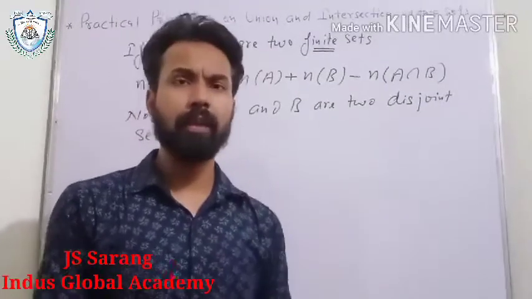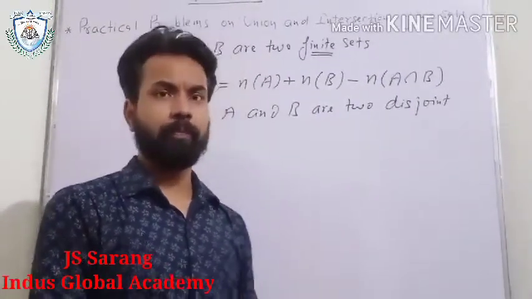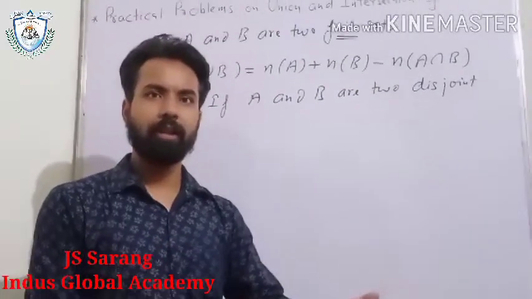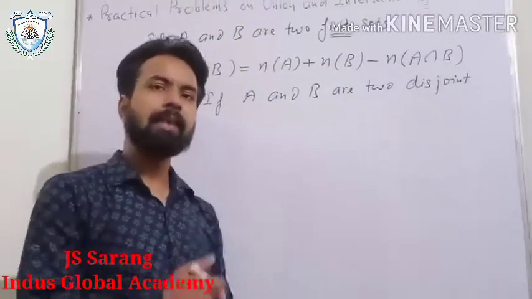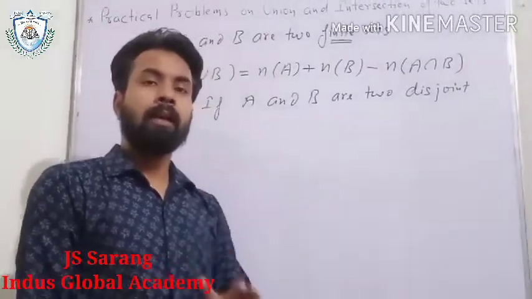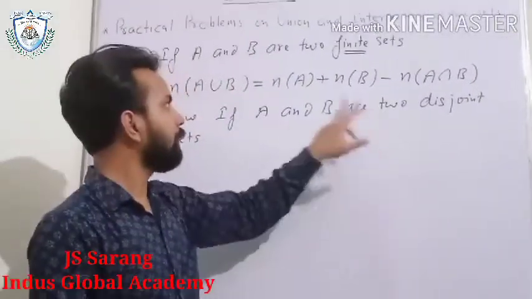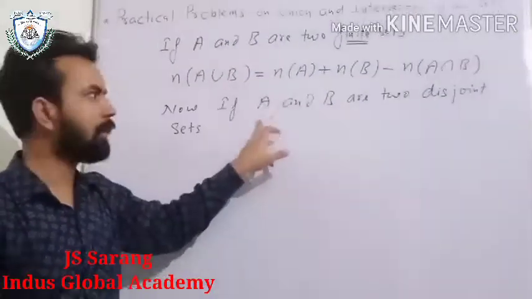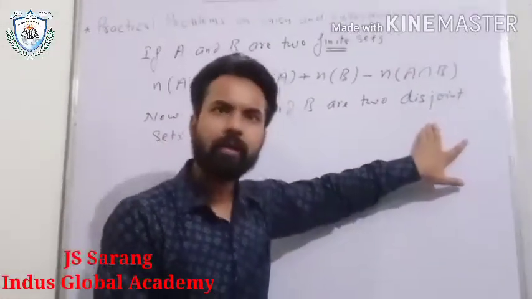What is the meaning of this? Intersection means common elements. Are you getting it? So if the intersection of any two sets has no element, it means nothing is common in both the sets. If nothing is common in both the sets, they are known as disjoint sets.